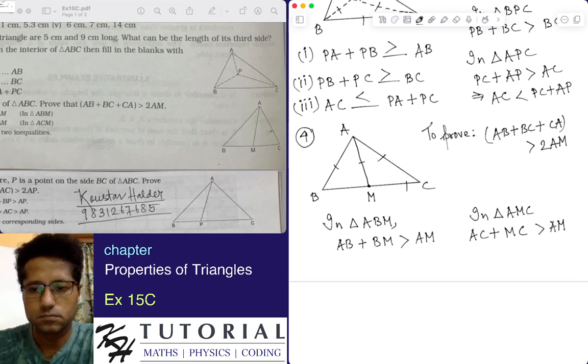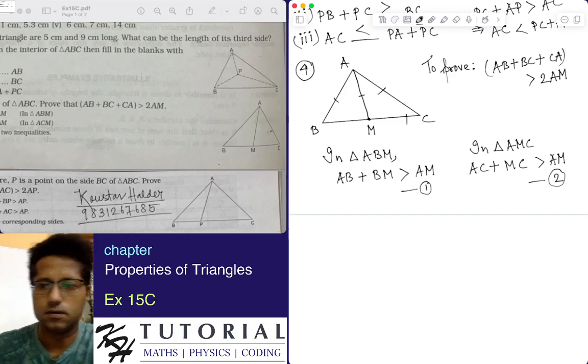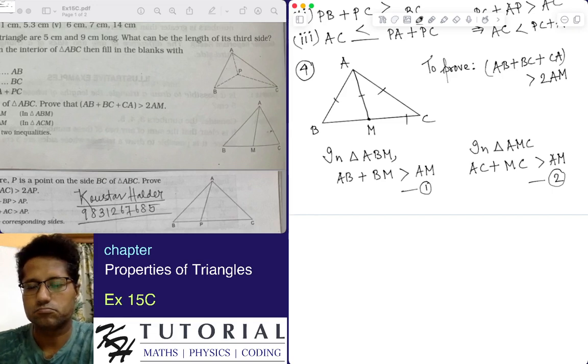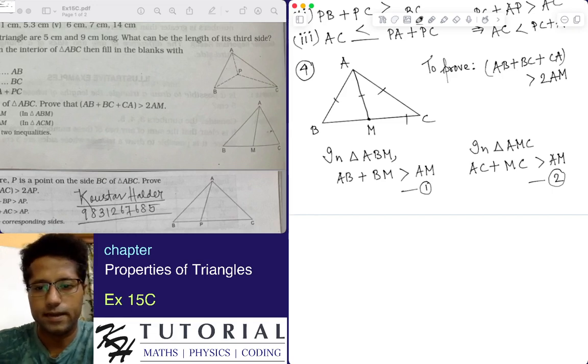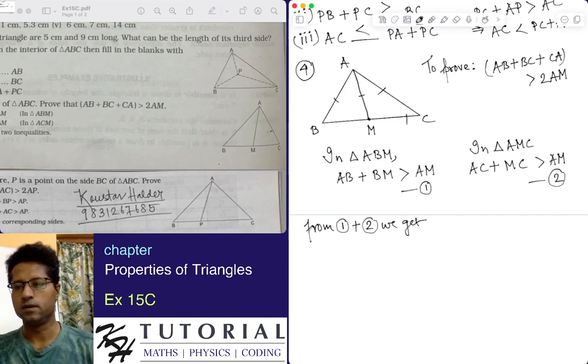Now let this be inequality 1 and this be inequality 2. If we add the two inequalities, 1 plus 2, the first is AB plus BM greater than AM, and the second is AC plus MC greater than AM.